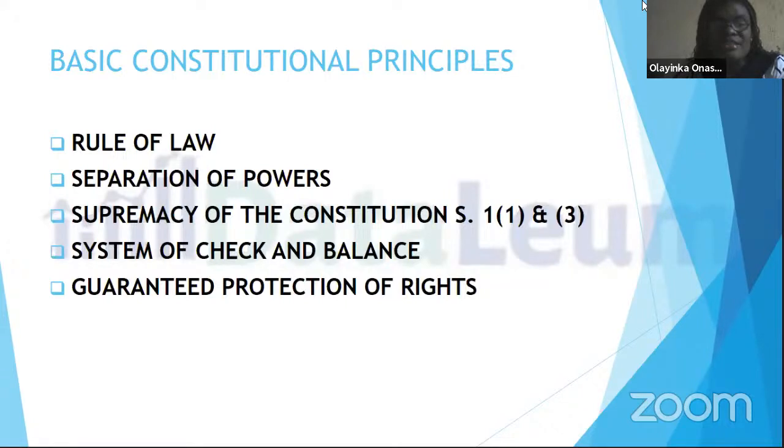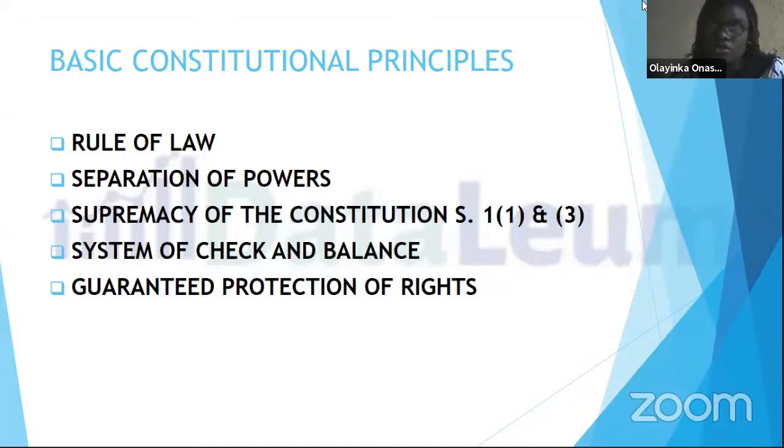So then there is guaranteed protection of rights under the Constitution. Your Chapter 4, that is Chapter 4 of the Nigerian Constitution, 1999 as amended, gives you different rights. And these rights are inalienable and inherent. That is, they are part of you. Nobody can dash them to you, like Fela will say, you cannot dash me human rights. They are part of you.